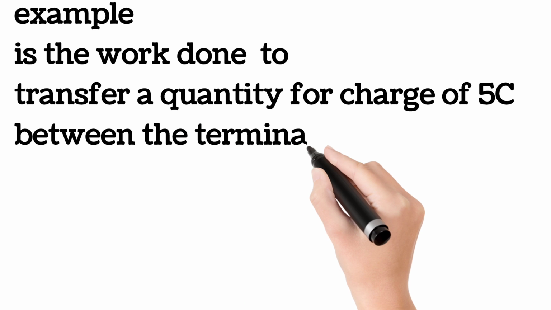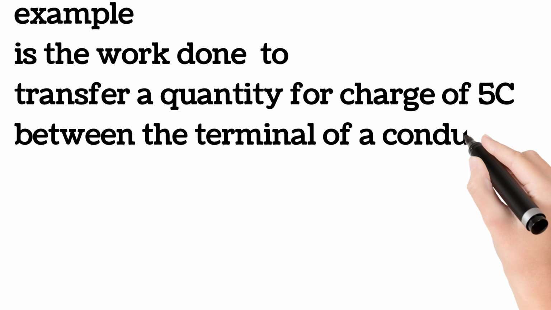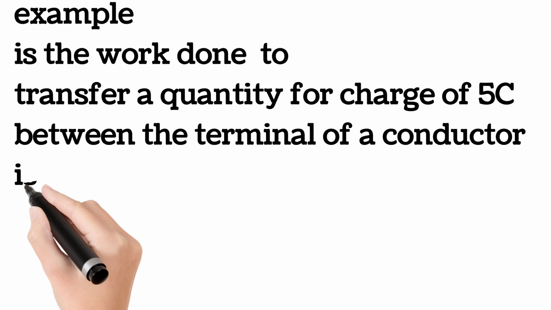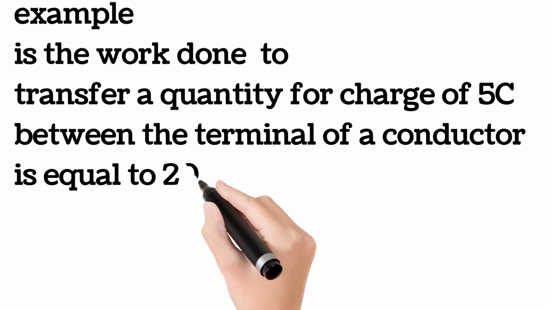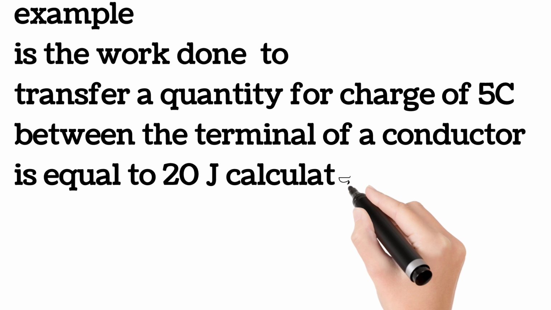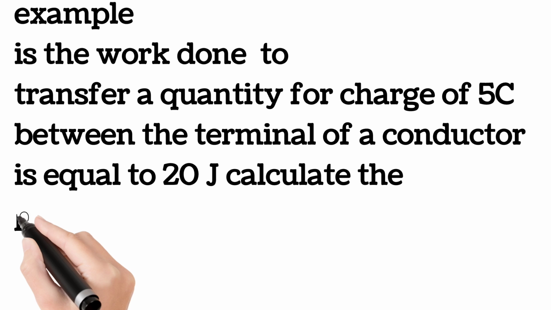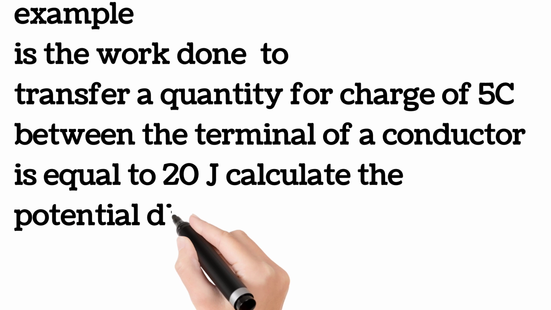The electric resistance is measured in ohm. The electric resistance of a conductor, capital R, is determined by R equals V over I, which is known as Ohm's law.